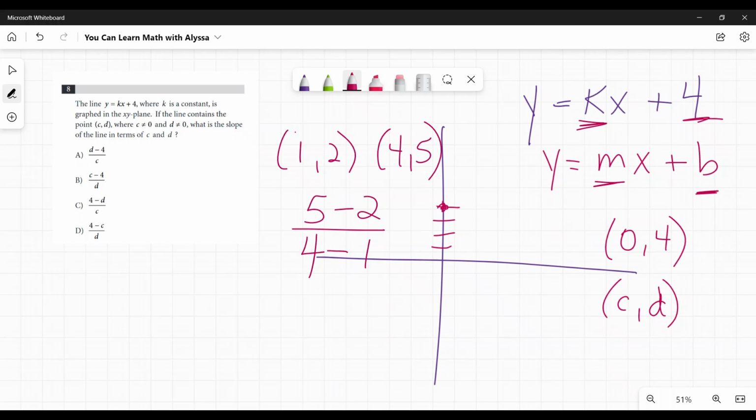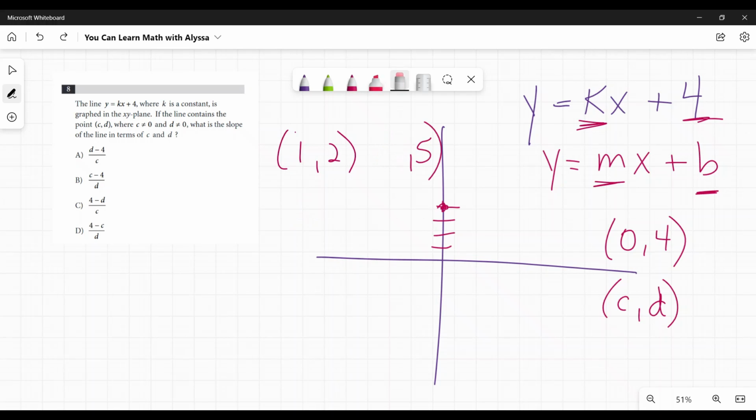And you can change the order and you will still get the same slope. You just have to make sure you're starting at one and then subtracting the other, or you start at this one and subtract that one. It doesn't matter either way. So you could do the alternate, 2 minus 5 on top and 1 minus 4 on the bottom. You still will get the same slope.